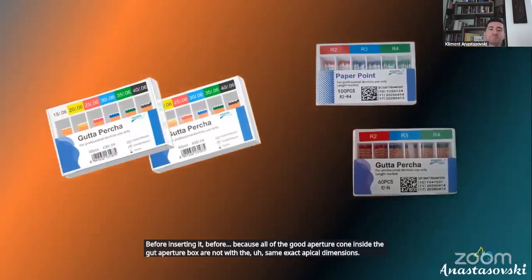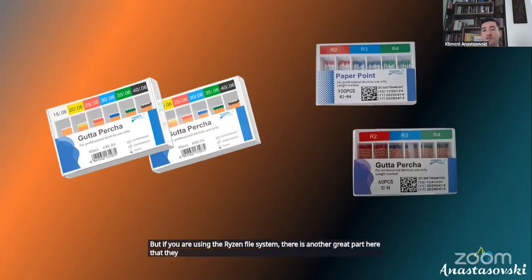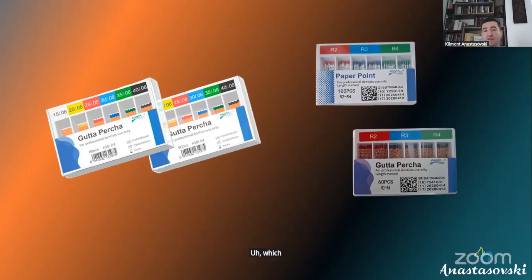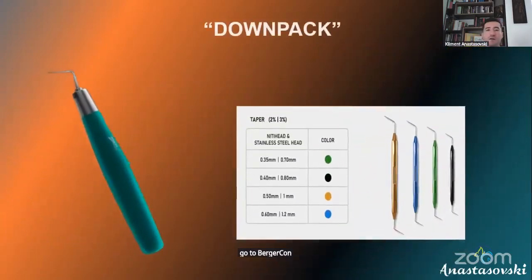But if you are using the Rising file system, there is another great part here: they also made specialized gutta-percha and paper points just for the Rising file system, which are identical to the R2, R3, and R4 files, and whichever file you choose to end the shaping procedure, you just need to use the appropriate gutta-percha cone for that file.